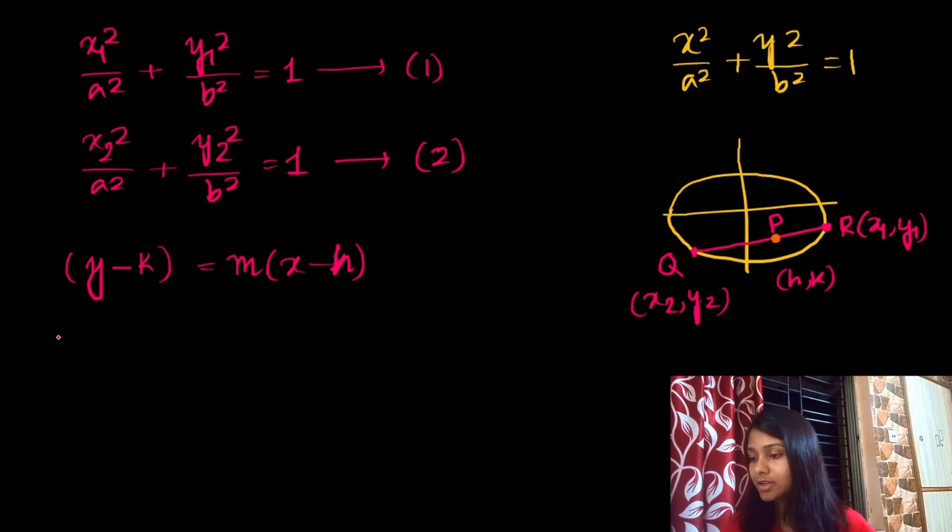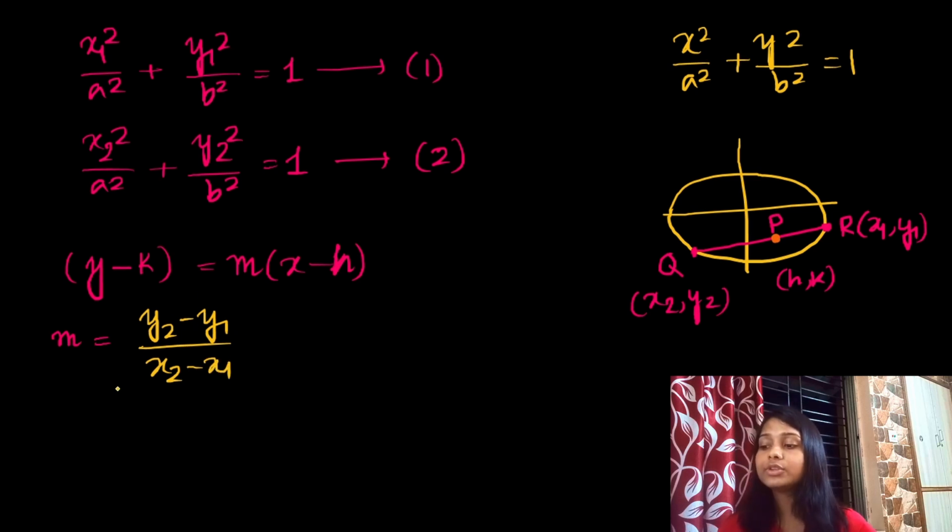So see m here. What can we say about m? m can be written as y2 minus y1 divided by x2 minus x1. We need to substitute these, as we do not know the values of x1, x2, y1, y2. We are going to do that by using equation 1 and equation 2.